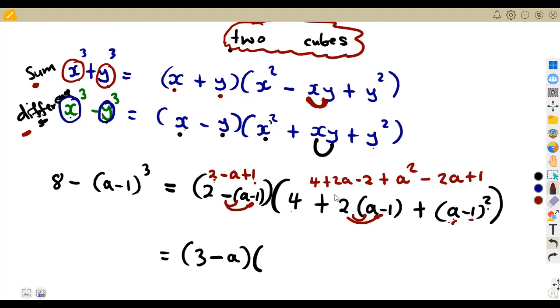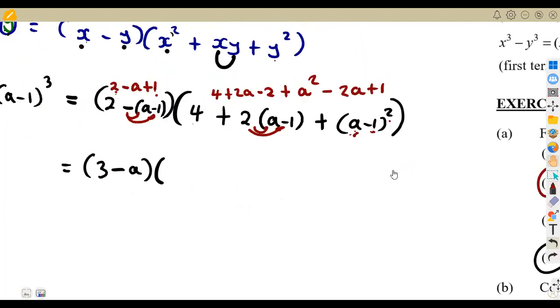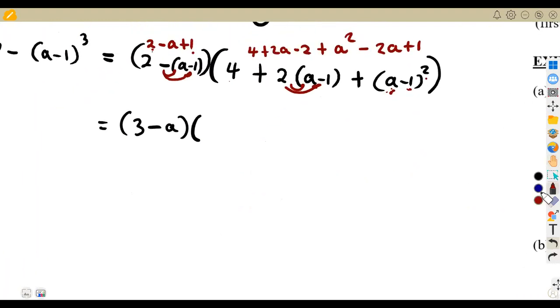But I said, if you do not understand this, guys, do not hesitate to open 2 brackets and expand them. For this part, a squared minus 2a plus 1 from a minus 1 squared, I used the identity that I talked about in that video. Make sure that you watch the video on the expansion of brackets, okay? Do not hesitate to have 2 brackets, a minus 1 into a minus 1.